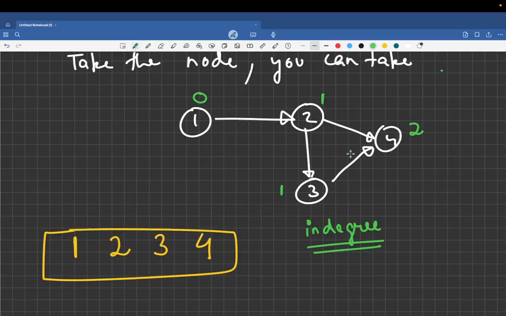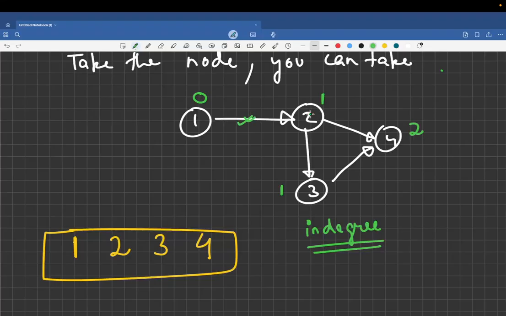Now, the nodes having in degree 0, what does it imply? It implies that that particular node is not dependent on any other node. So I can take them in the ordering. And once I take one in the ordering, all the edges that go from 1, like this particular edge was going from 1, right?